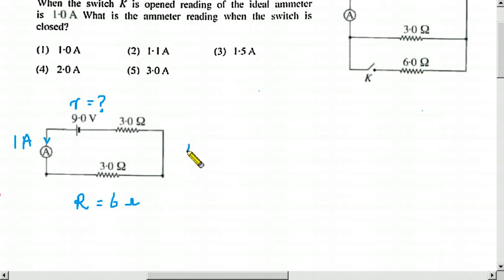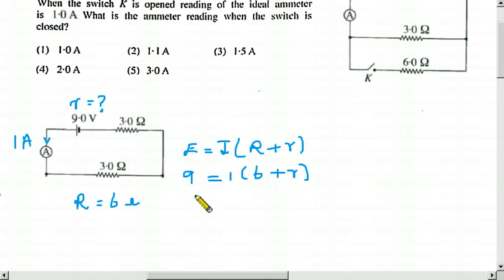So we use the equation E equals I times (R plus r). E is 9, I is 1 ampere, capital R is 6 plus simple r, which we don't know. Then 9 equals 6 plus r. So simple r is 9 minus 6, which is 3 ohm.